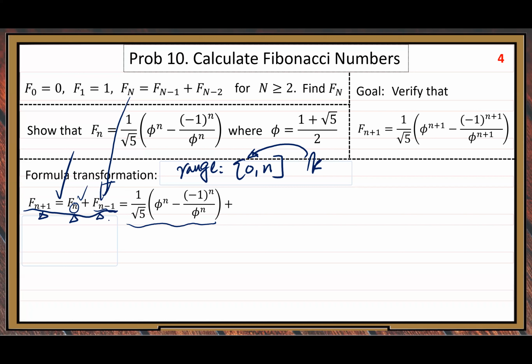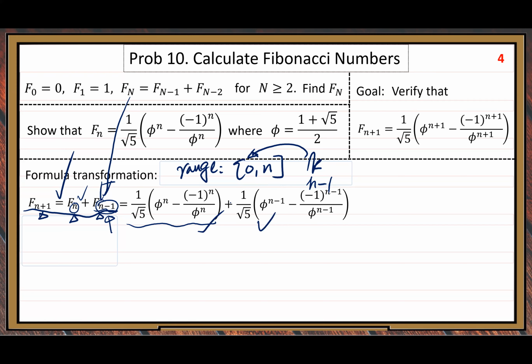Then the second term, this time k is n minus 1. N minus 1 falls into the range, right? So we can apply the induction assumption on the second term. Let's plug in. Both legal, right?